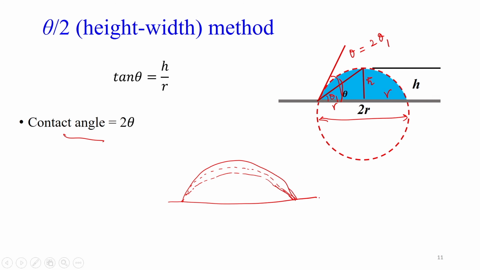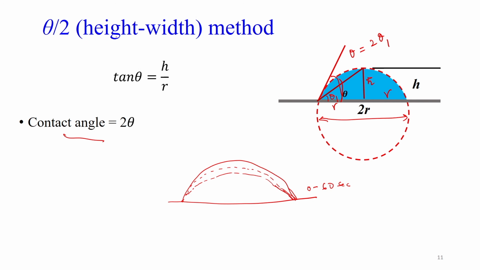This time frame is typically 0 to 60 seconds. So, you have to see at what time there is no change in the shape, and record and analyze the shape at that time. If the shape was recorded when it was not at equilibrium, you may end up getting the wrong contact angle.